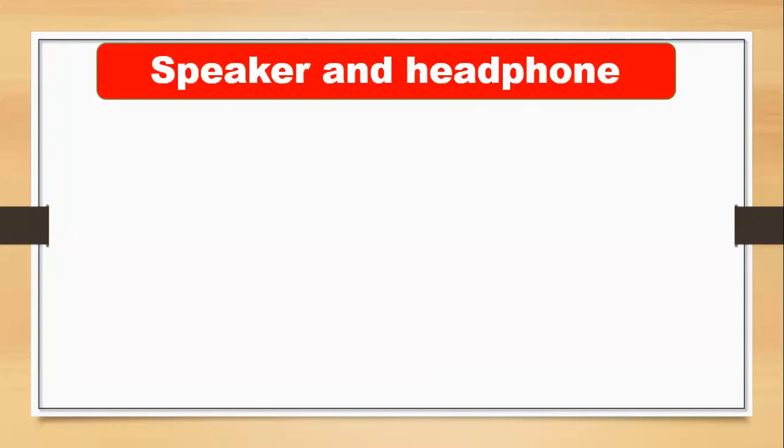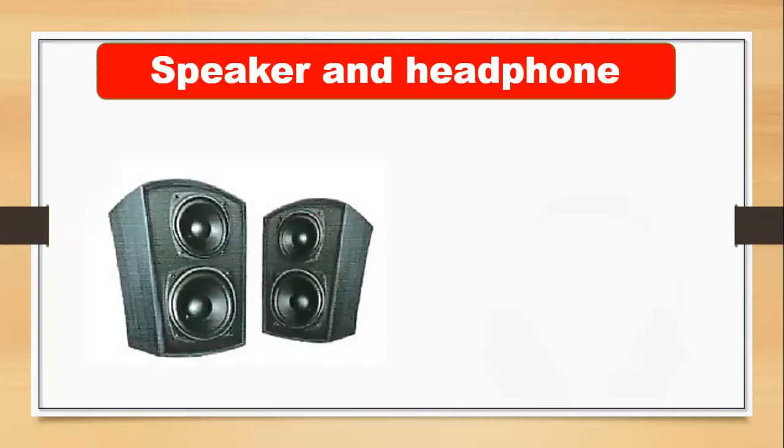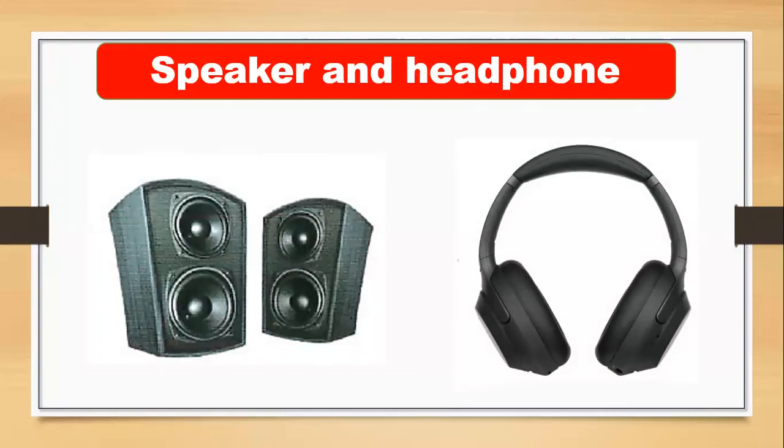Now speakers and headphones. When you listen to the teacher, now I'm speaking and you are listening, and the sound is coming out from the speaker, right? Why do we need speakers? Because speakers help us to listen to the sound from the computer. So speakers and headphones will be our output devices.